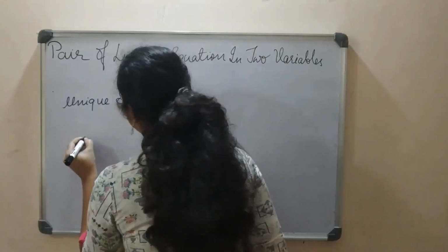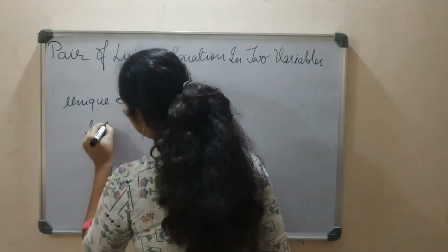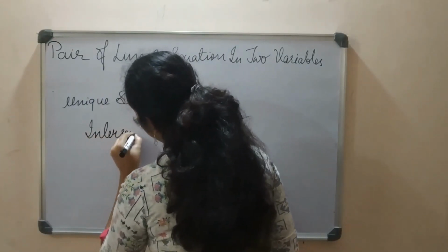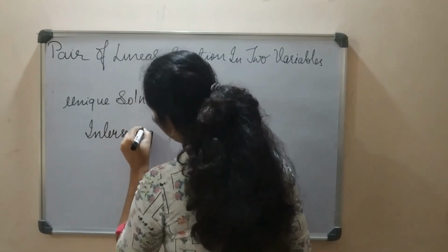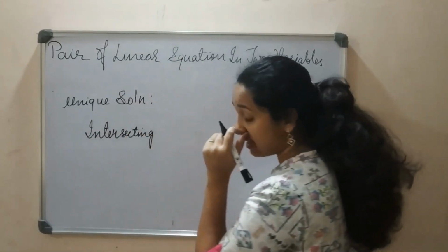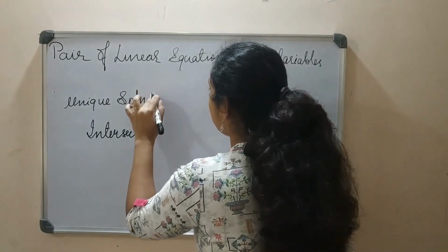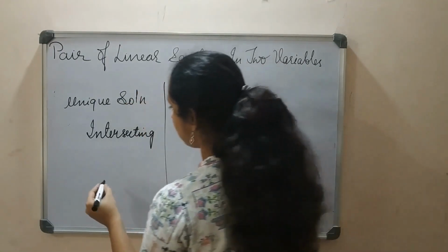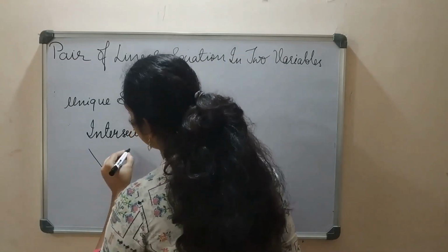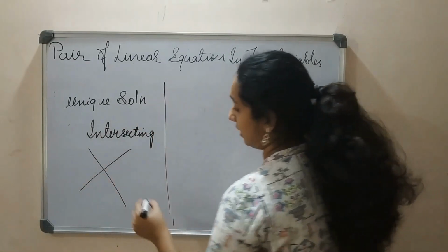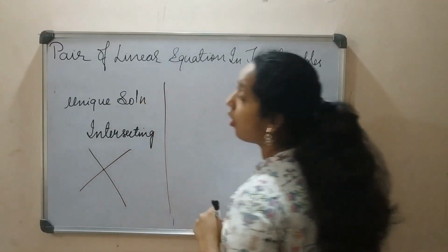Both the lines will be intersecting each other. So this is for the unique solution. That means if you take two lines, they will intersect, and this is the intersecting point.